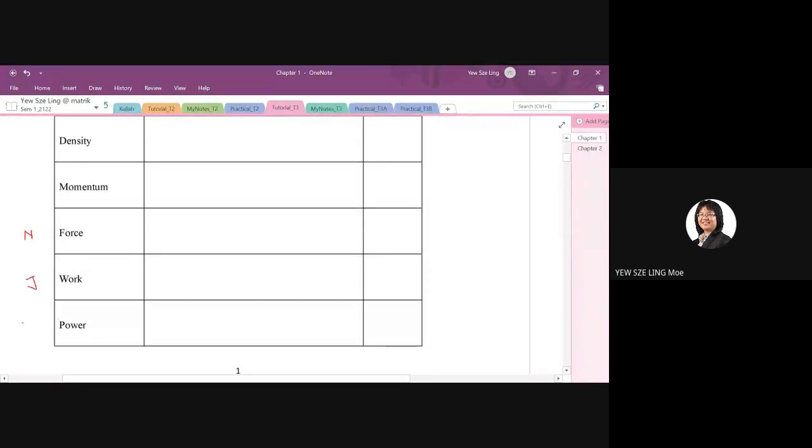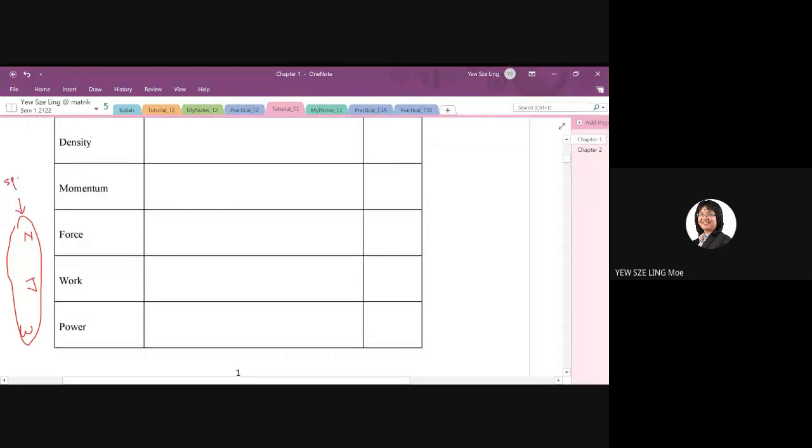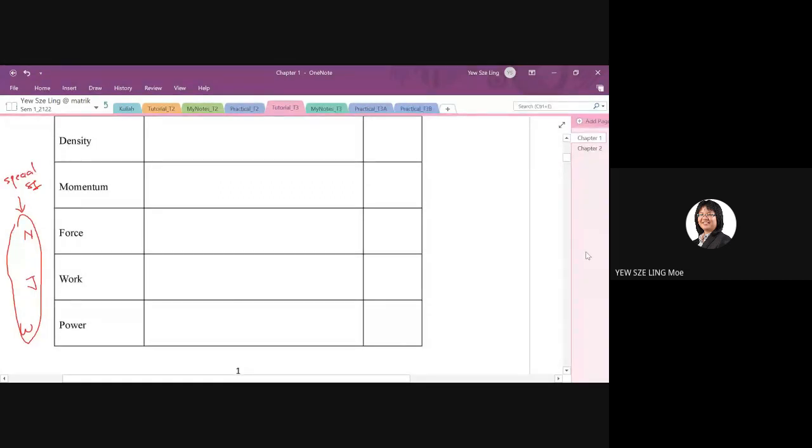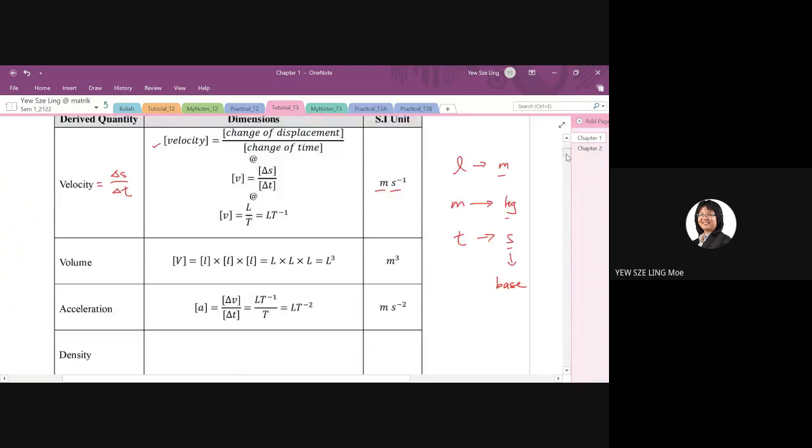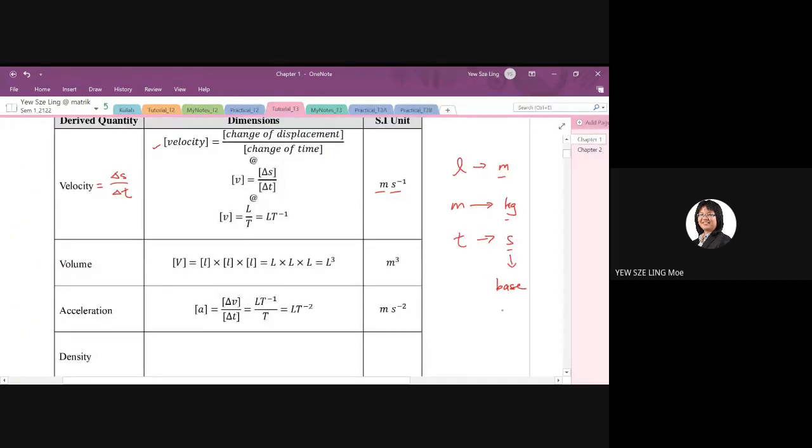And then power, we use the watt. These three we call special SI units. It is SI unit, nothing wrong, but not base. So what we are going to do is find the base SI unit today.